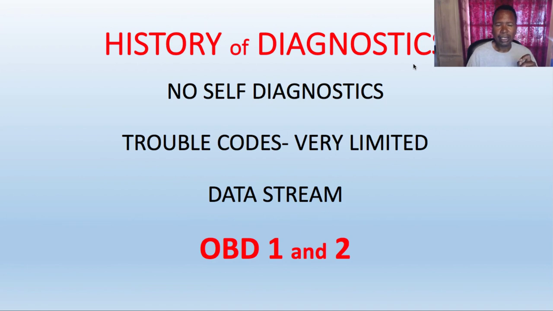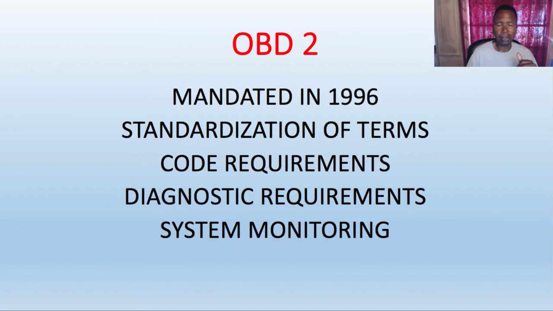History of diagnostics. OBD1 had no self-diagnostics. Trouble codes were very limited. Data stream was limited. OBD2 is self-diagnostics. It does its own diagnosing.